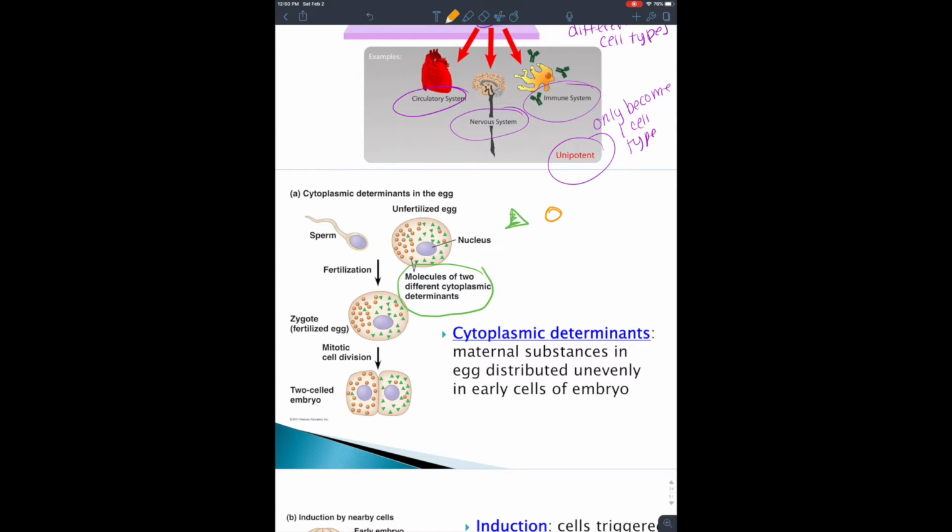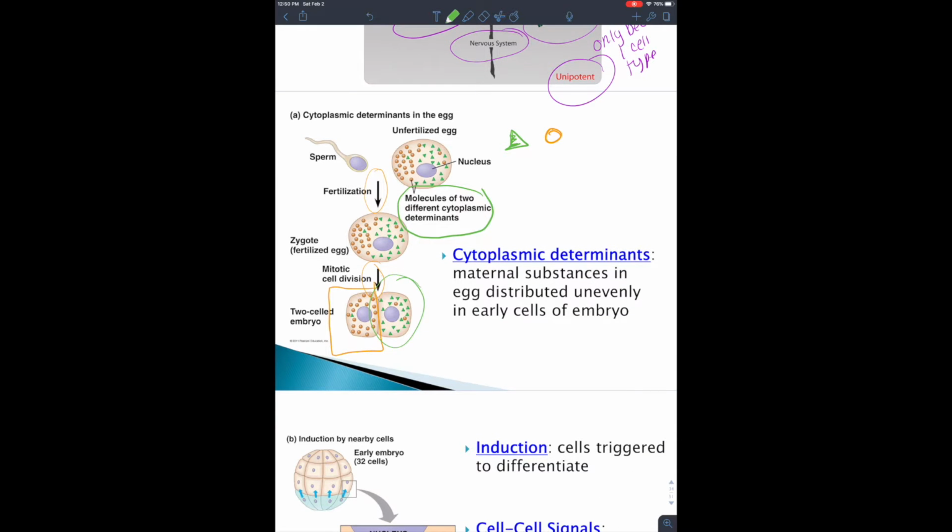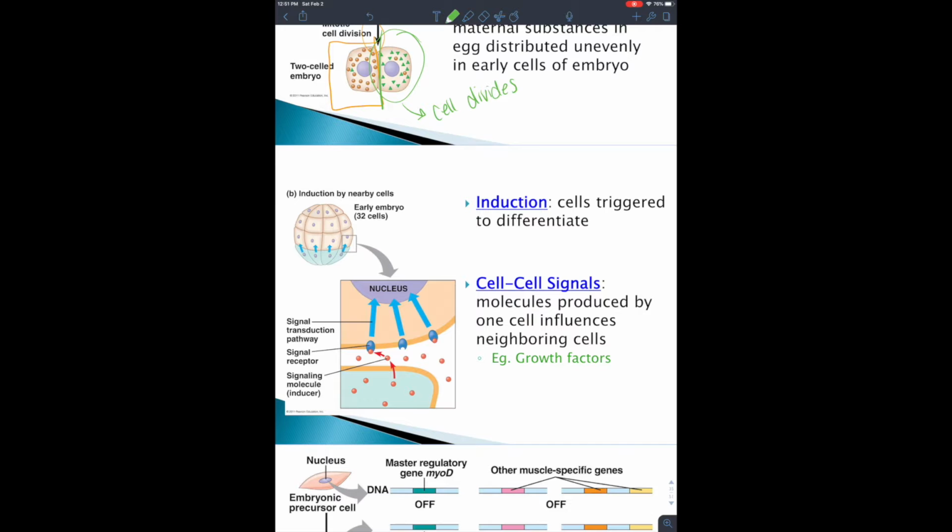If you look at the steps occurring in this diagram, you can see that all of the orange circles migrated to the left, and all of the green triangles migrated to the right. This is going to dictate that cell division process. The cell divides, and most of my triangles are in one spot, and most of my circles are in another spot. So I'm determining some features about this cell.